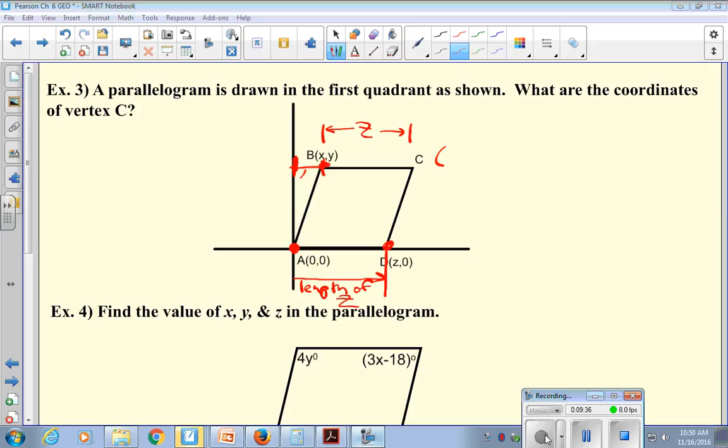X. So if I were at the y-axis traveling across to C, my x coordinate for C is going to be x plus the distance Z. And my Y value, how far up I have gone, that's the same as B's Y value, so it is also Y. So that's how we use the property of a parallelogram and some really funky floaty numbers to get a coordinate.